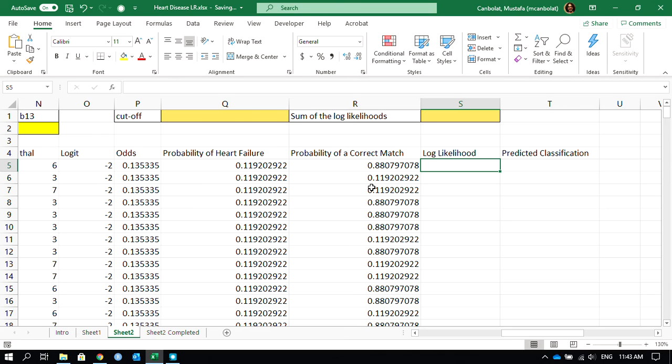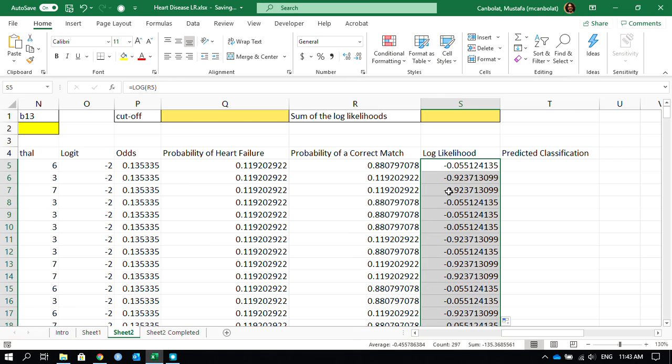What we want to do is, instead of just maximizing that multiplication, we want to take the log of each value. If I take the log of this probability, and the log of all of these, then I can maximize the sum of these log values of these probabilities.